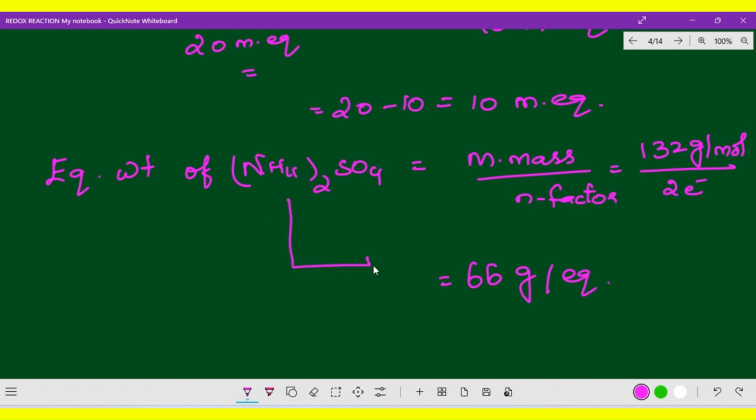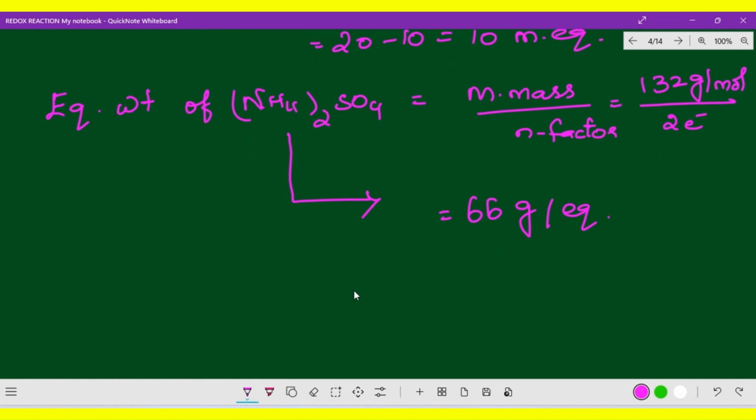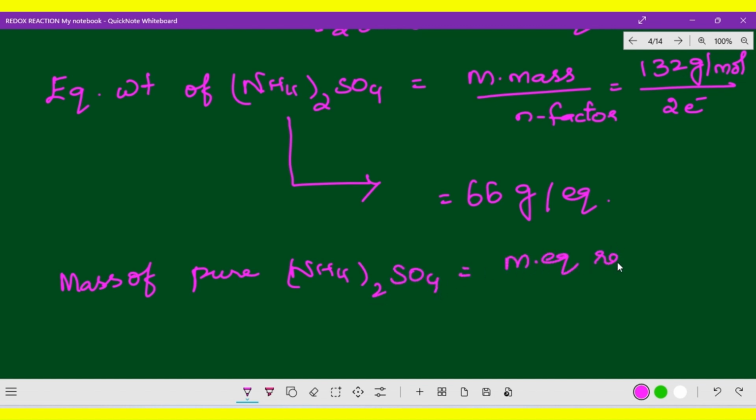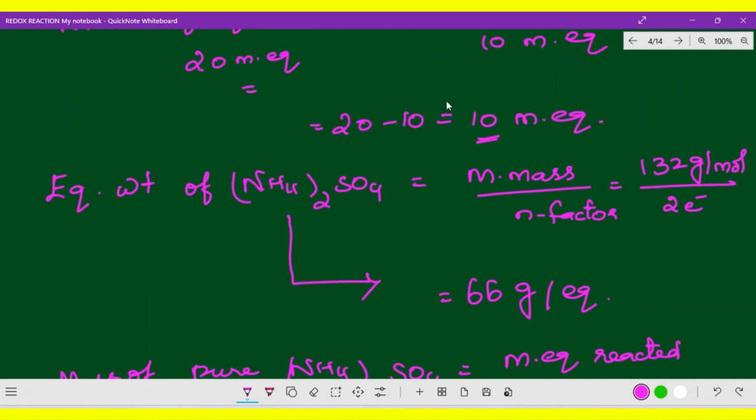So that is the ammonium sulfate equivalent. Now we have to identify the mass of pure ammonium sulfate. So the milli equivalent of the reacted part, how much did we get?